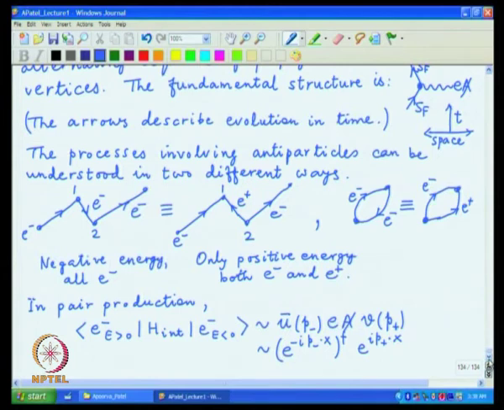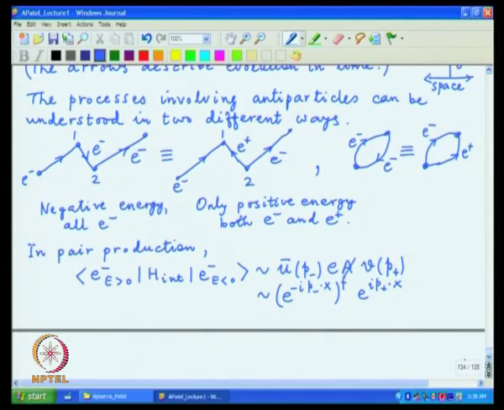The other language is similar, that corresponds to now writing that there was nothing and the pair got produced out of it.